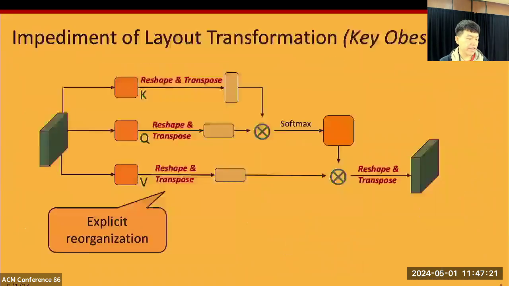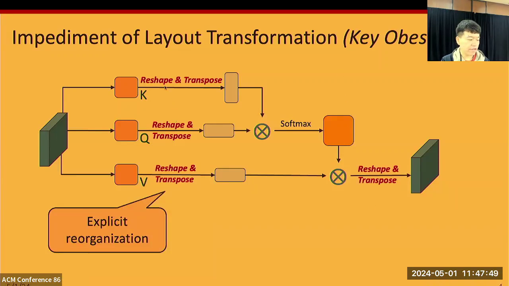That is, there are a lot of layout transformations within the deep neural network. Here is just an example of a transformer attention block. We have Q, K, V, some softmax and matrix multiplication, and get the final output from this simple graph. And we see 2 different layout transformations. One is explicit data reorganization.